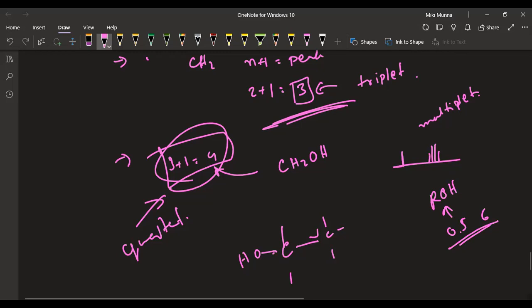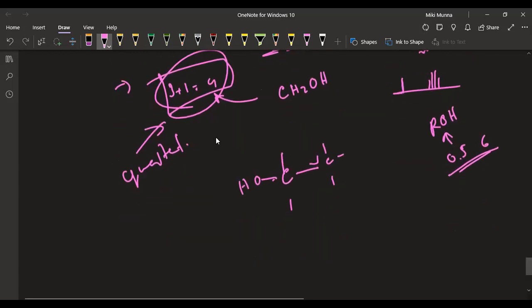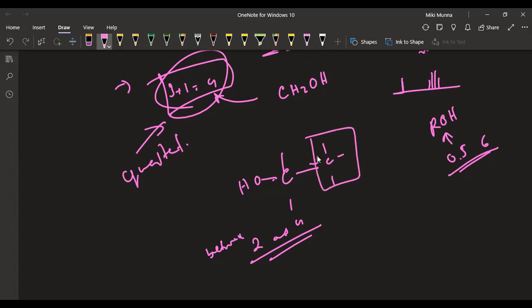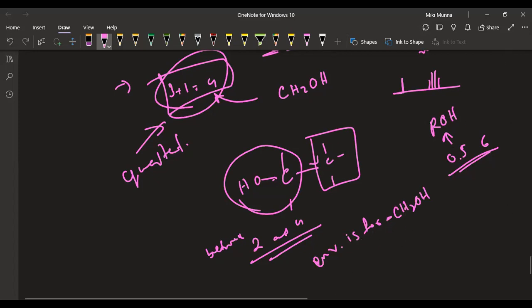So basically that quartet is for CH3, but the point which represents between 2 and 4, that quartet is between 2 and 4. That means the quartet was the environment. However, whose environment? The environment was for the CH2OH group, and there's this bond extended, which means there is another group there, which is CH3.